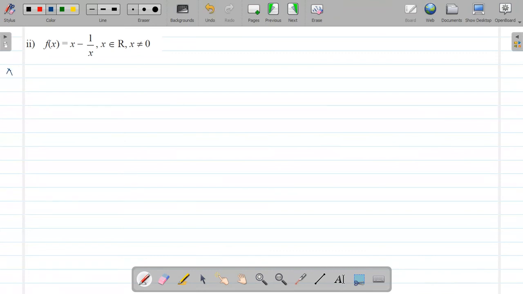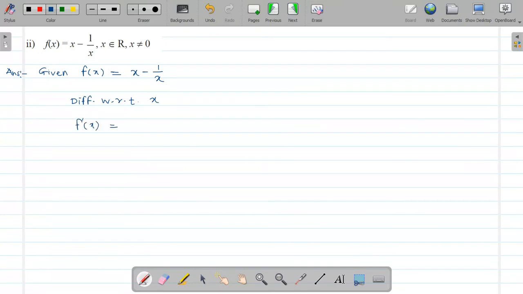Now we have to check whether the function is increasing or decreasing. So for that, write given that f of x is equal to x minus 1 upon x. First of all, differentiate this with respect to x. Now you will get f dash x.